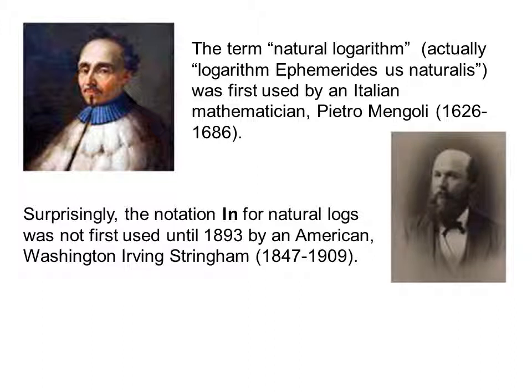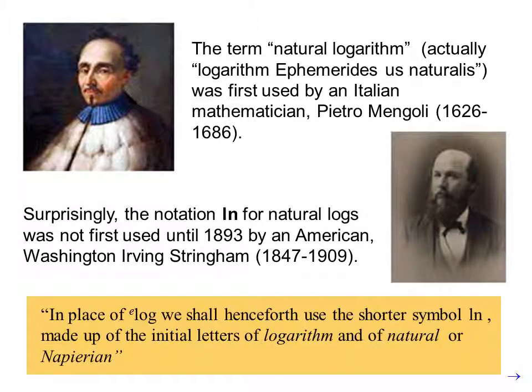Surprisingly, the notation ln for natural logs was not first used until 1893 by an American, Washington Irving Stringham, who lived from 1847 to 1909. In place of e-log, we shall henceforth use the shorter symbol ln, made up of the initial letters of logarithm and of natural or Naperian.